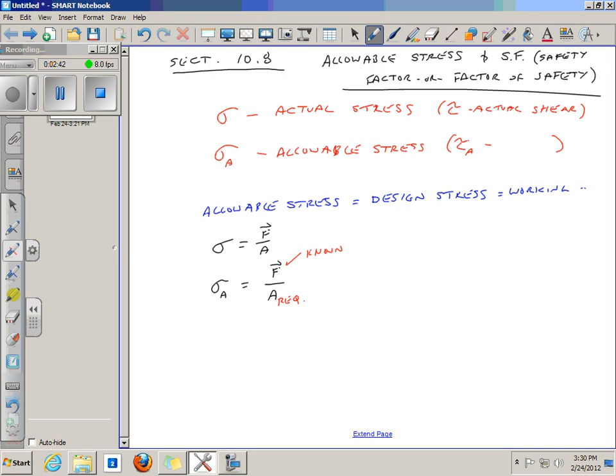That's the minimum area we have to keep the stress at that level.